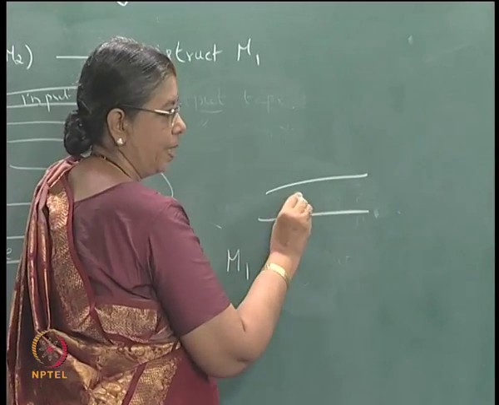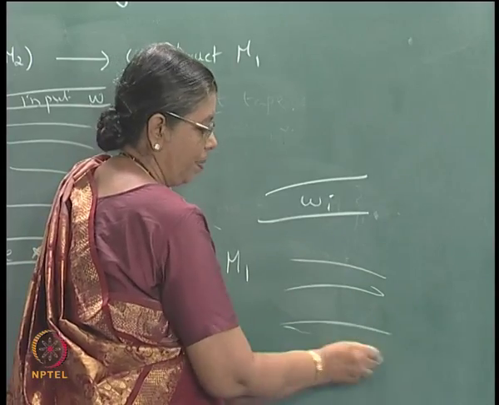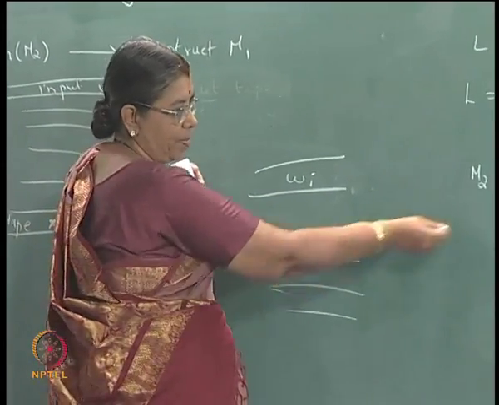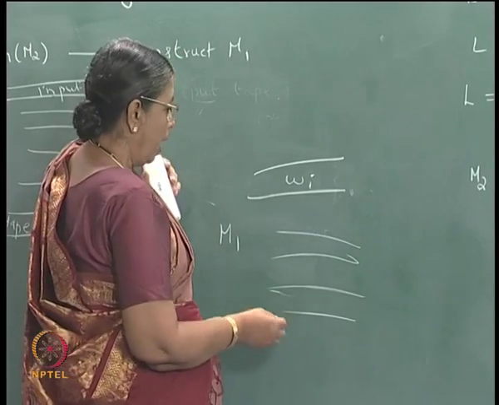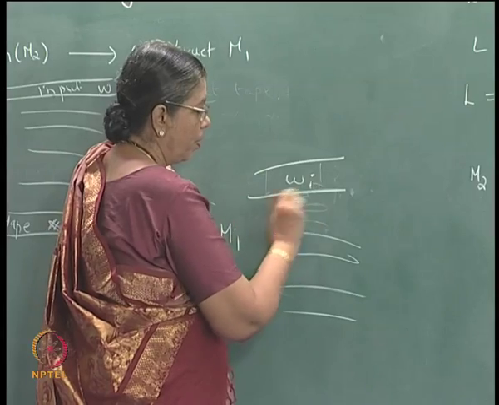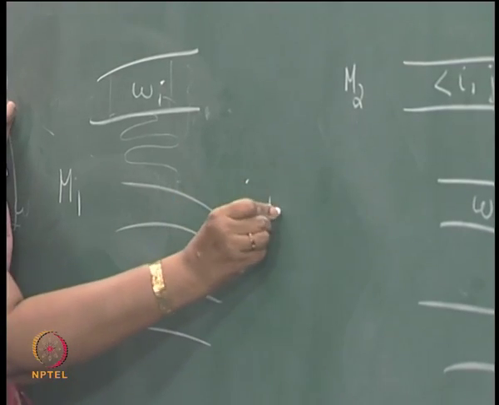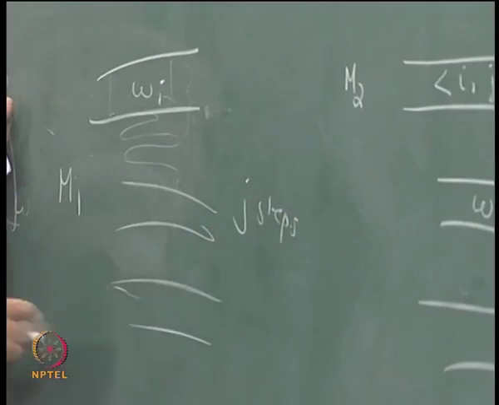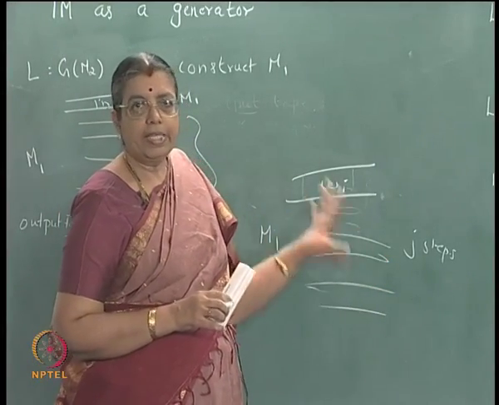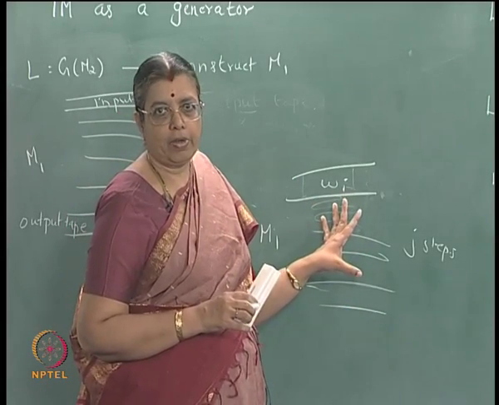Suppose M1 accepts Wi, then it will have it on the input tape. There may be other tapes. Without loss of generality, you can take it as a multi-tape. Similar tapes should be there here also. Then M1 will move on Wi, and after some steps, say j steps, it will accept, right. If it does not accept, it may halt in a non-final state, or it may get into a loop.